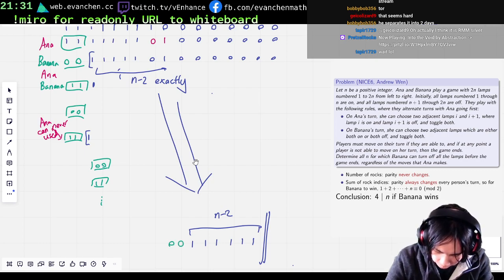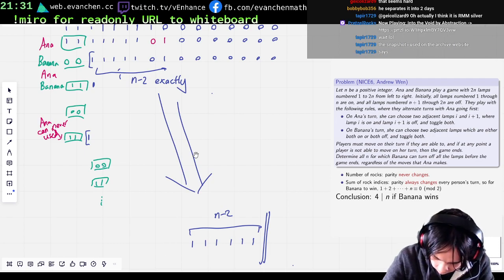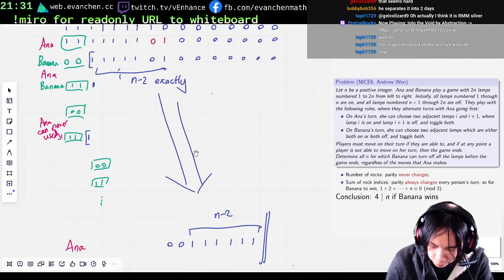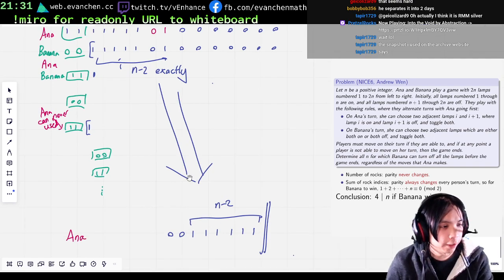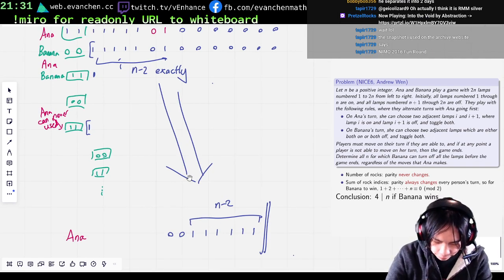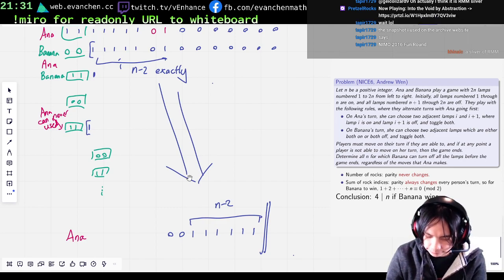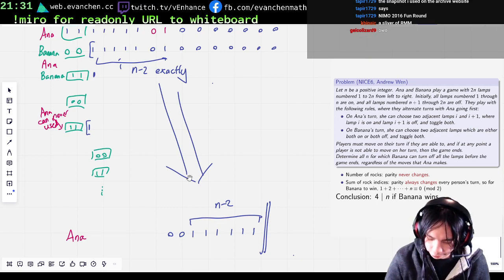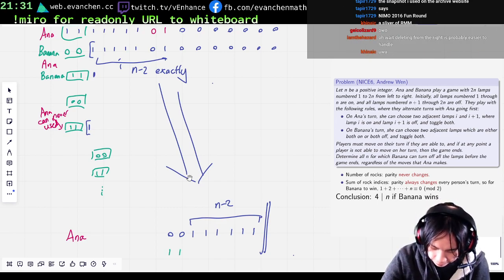So Anna just did this. If Banana is dumb, they're going to keep following the strategy. Up till now, what she's been doing is turning things on and off. So according to the algorithm, the next thing she should do is this.